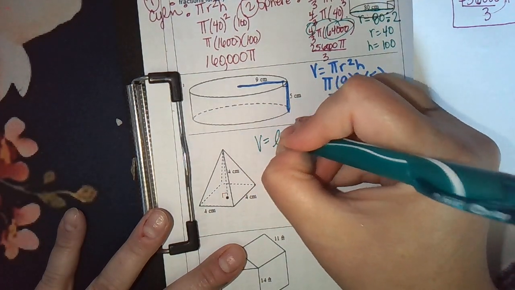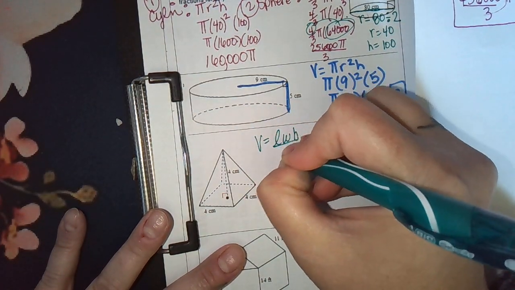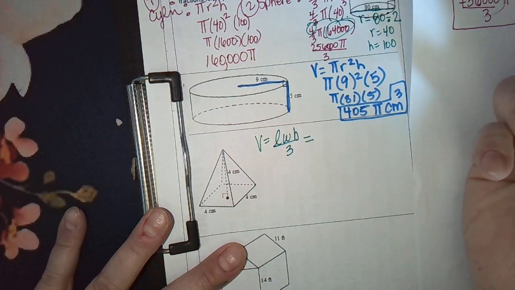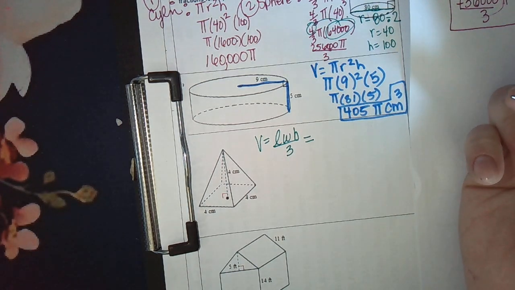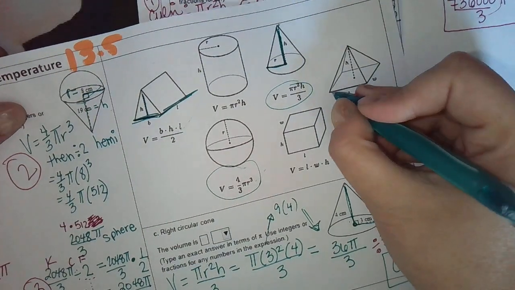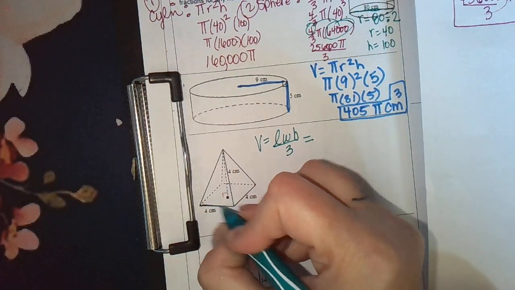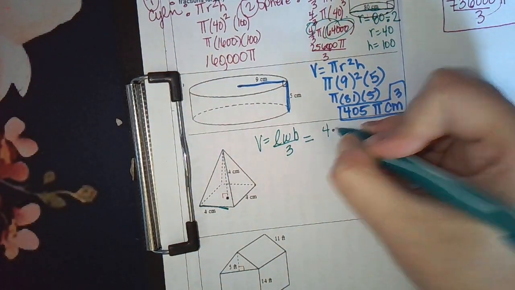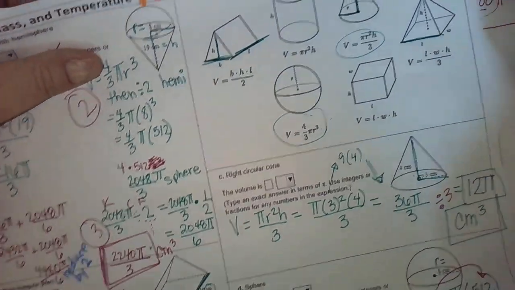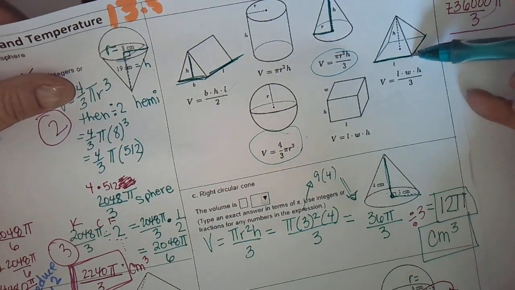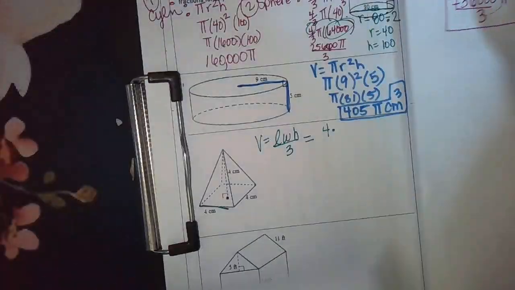V equals LWH over 3. Okay, and it looks like the L is the front piece of the base. So 4. The width is the depth, how far you go back, crooked.